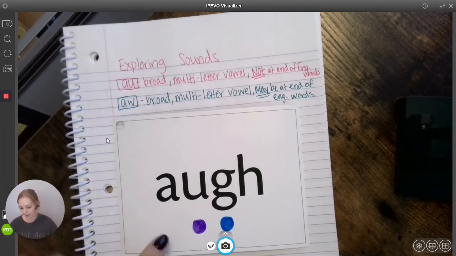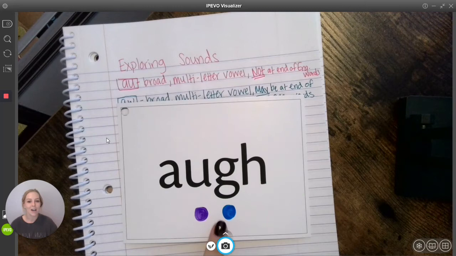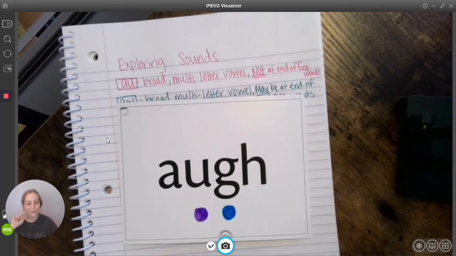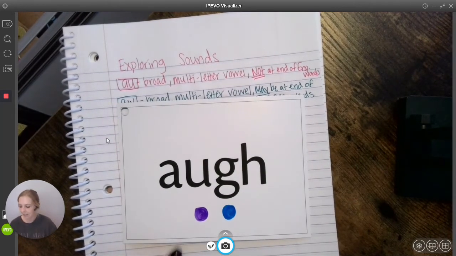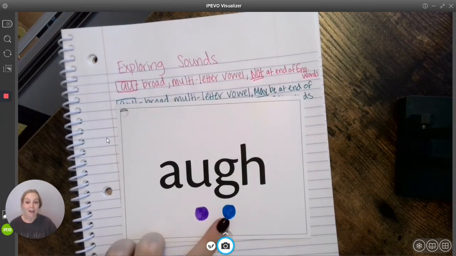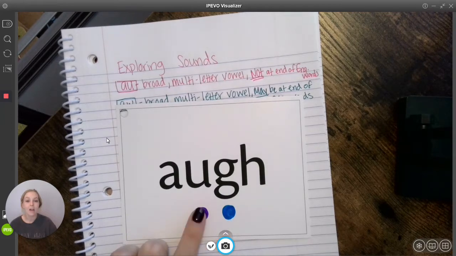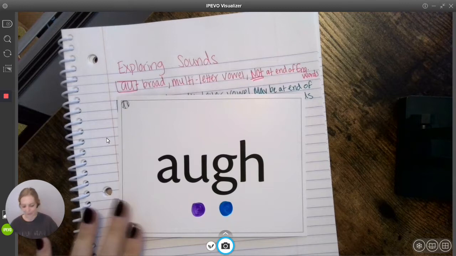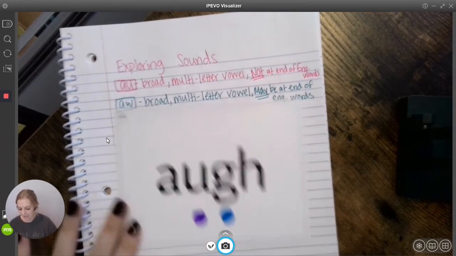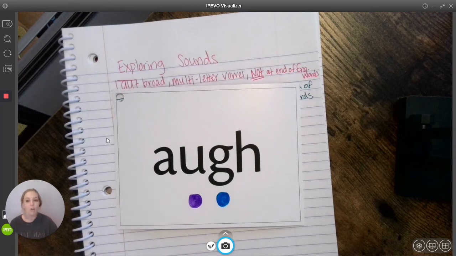This is the phonogram AUGH, and it has how many sounds? Two sounds, and the sounds are ah and af. Say it with me: ah, af. Good job. Is the first sound, ah, a vowel or a consonant?